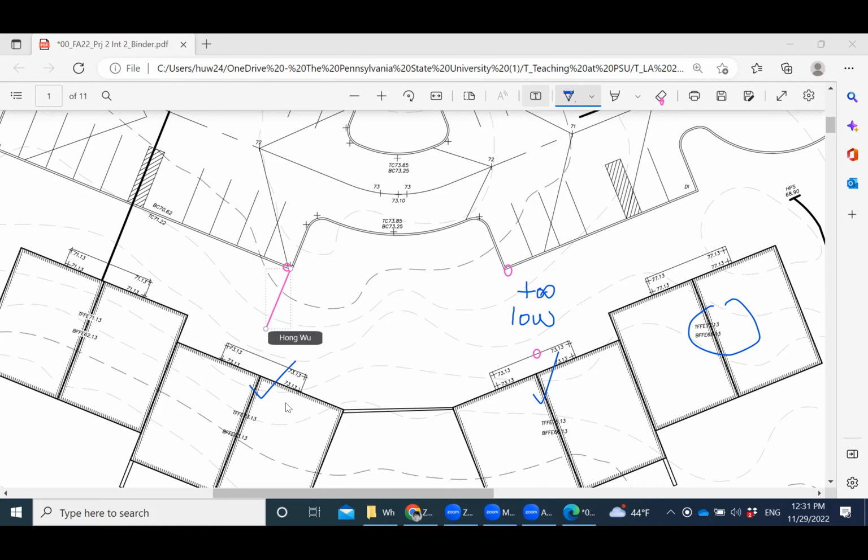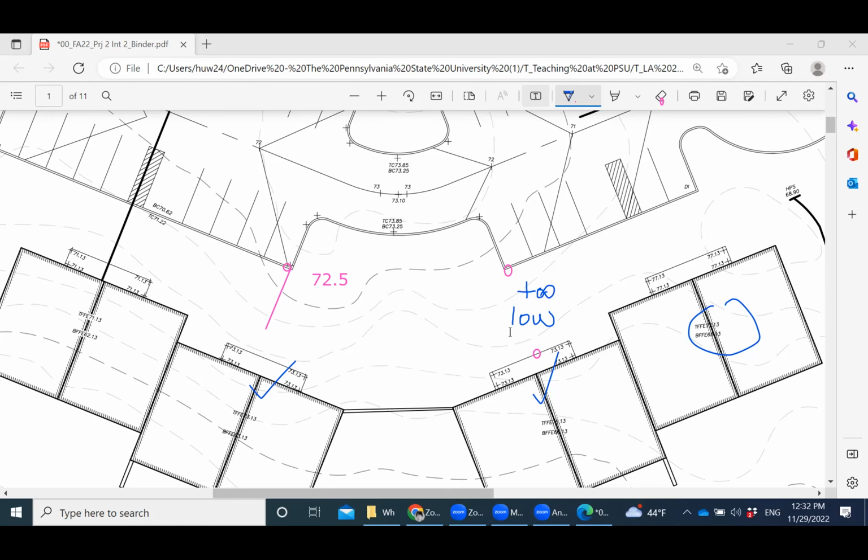If it's 30, if this is 72.5, top of the curb here, 70.5, and then you have 0.63 as a difference. So yeah, this would work. You are at about 2% slope along this walkway.